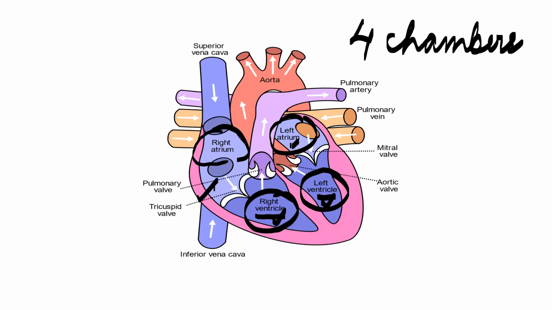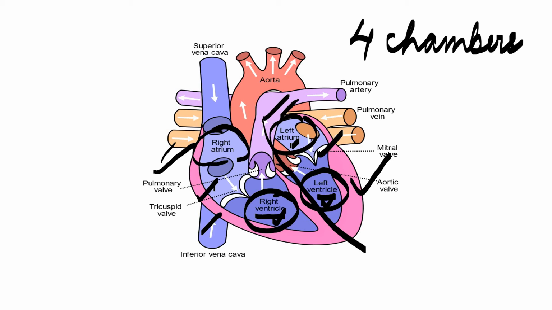Now students, as you're watching the video, for you this part might be your right side and this part your left side, but you can see that the heart is labeled with this part as left and this part as right.